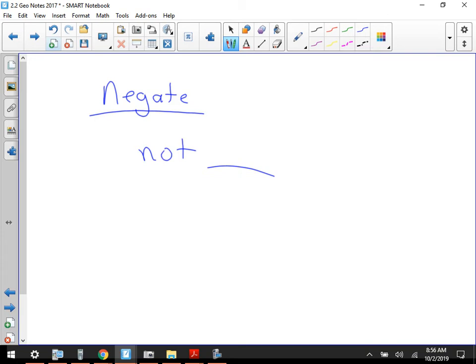So when we start doing this, we have conditional, converse, they flip-flop. The next one is called the inverse. The inverse is when you put the word not P implies not Q. This symbol stands for not, okay?